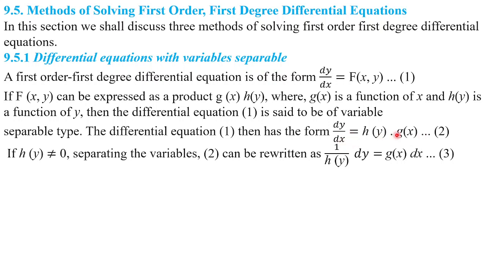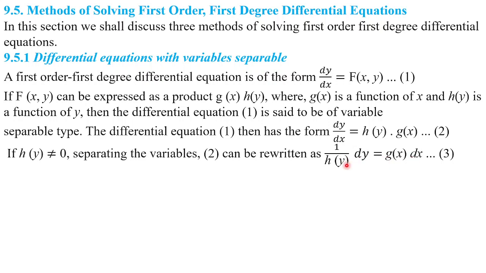So we are rewriting this equation, transposing h of y to the LHS. So 1 by h of y into dy is equal to g of x into dx, where we are transposing dx to the RHS. Then we get 1 by h of y dy is equal to g of x dx. This is an important step, my children.